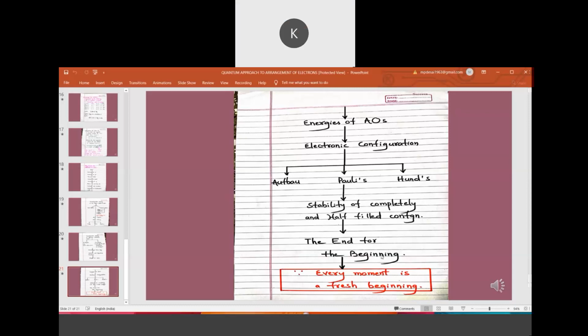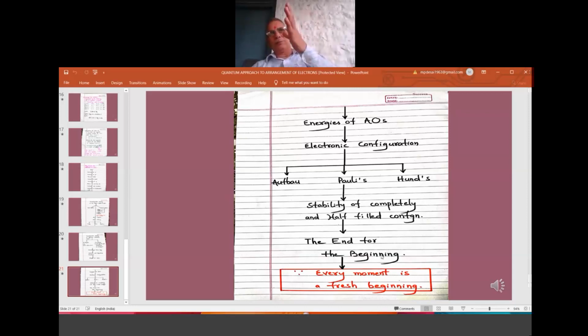Instead of writing 2s2 and 2p6 at a time, we can write 2s2 once and 2p6 once, that is, 2s2 2p6, correct? Yes, correct, allowed, because 2 is common. Very good, 2s2 2p6.